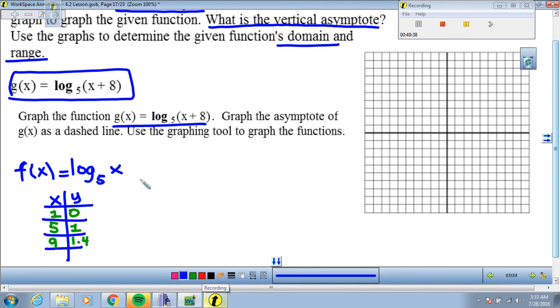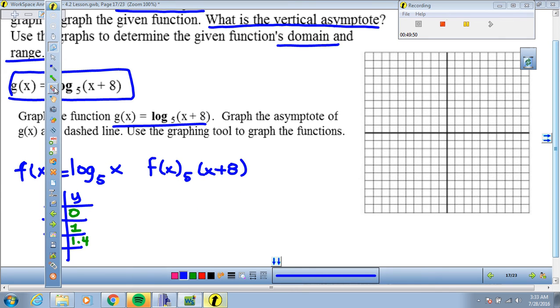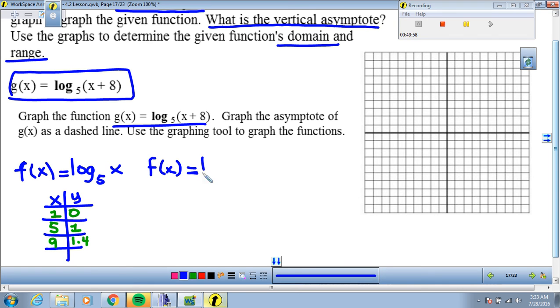So I'm not going to graph that one. I'm going to start doing the transformations according to how they're supposed to be. I only see one transformation here, as a matter of fact, the plus 8, and I made a mistake here because I forgot the equal sign. Okay, so what's that plus 8 going to do? The same thing that you know adding or subtracting a number inside of a parenthesis does.